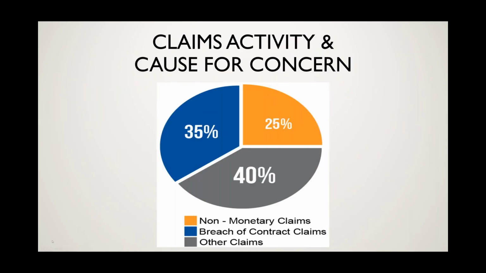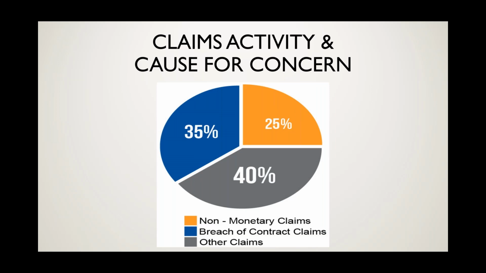Now, when we break down claims activity, we do see that a majority of the claims that impact an association tend to fall within two categories. That's non-monetary claims and breach of contract. When you think of non-monetary claims, it's really how the form itself defines its coverage.